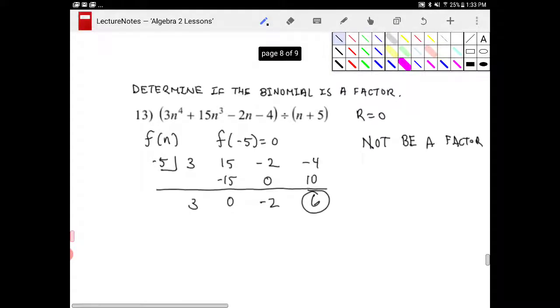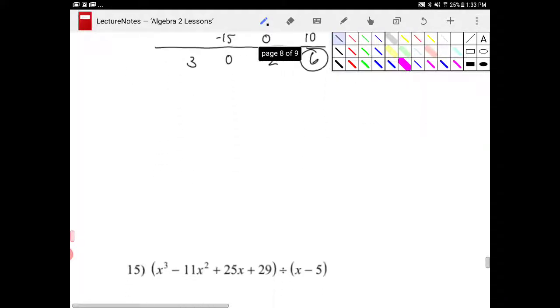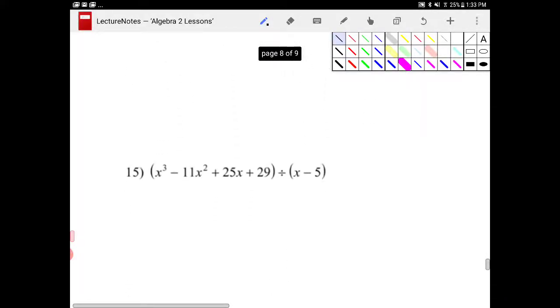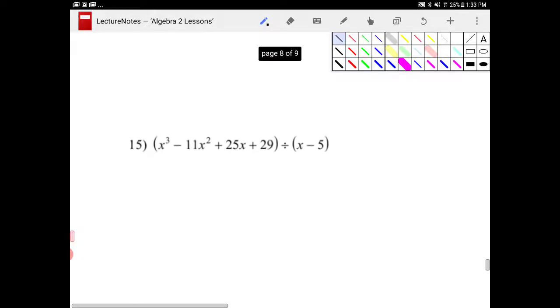Okay, let's try another one. I have x to the third minus 11x squared plus 25x plus 29 divided by x minus 5 in this case. Again, if I go through using synthetic substitution, I can then easily figure out what that is, right?